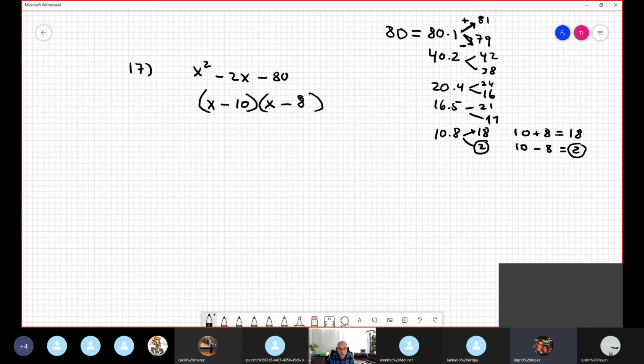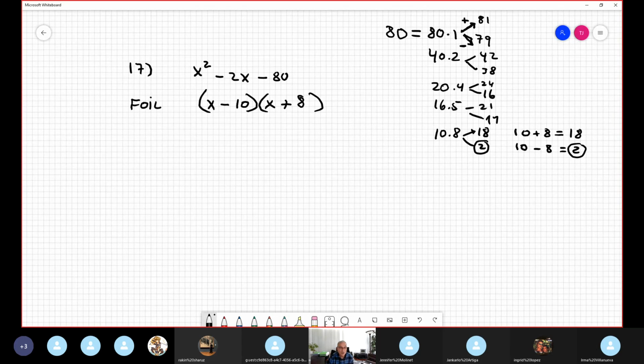Absolutely perfect. Just in case, I use FOIL for verification, and everything is okay. So you have no forgiveness to fail because you're checking. You multiply x times x, which is x squared. You multiply x times 8, plus 8x. You multiply minus 10 times x.